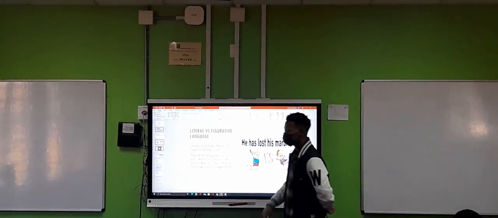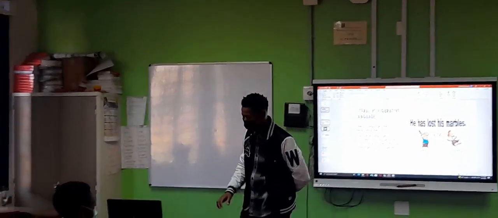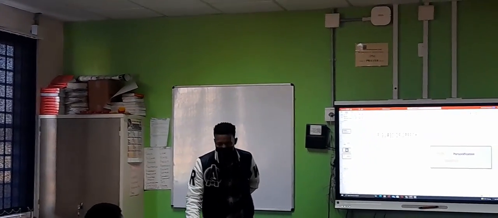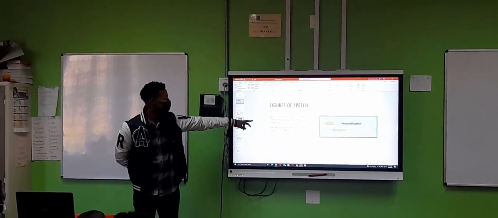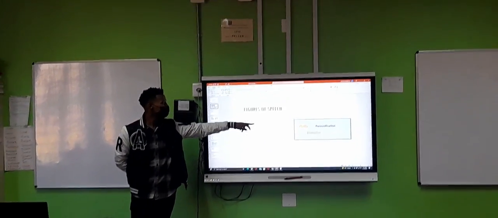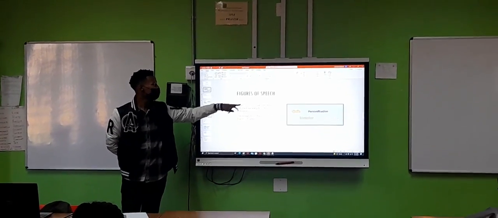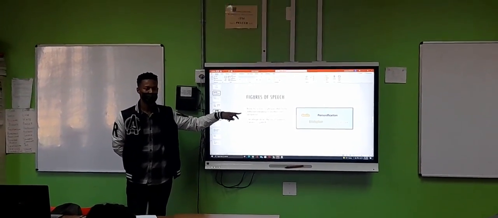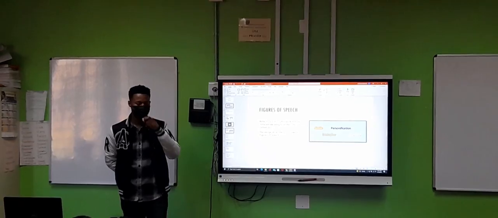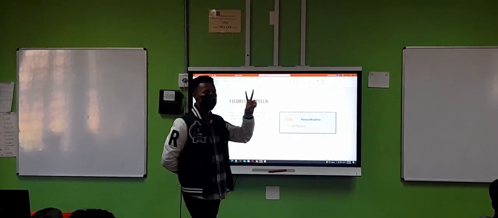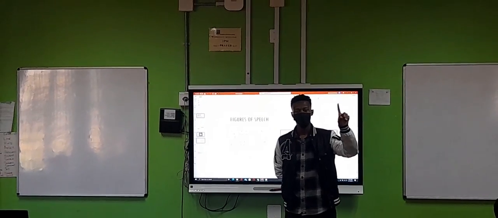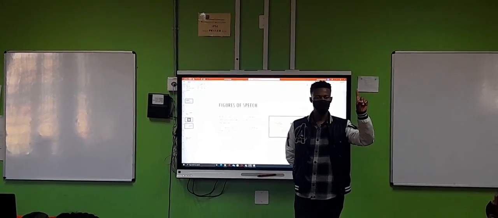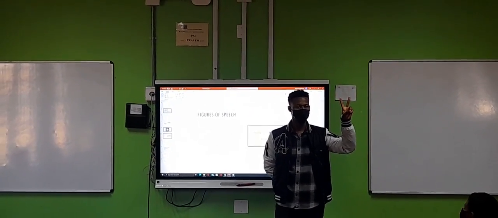So now we're going to move on to the different types of figures of speech. The definition says they refer to words or phrases that have a different meaning from their literal definitions. We just spoke about the two different languages found within novels or poems. The first is literal language, and the second is figurative language.